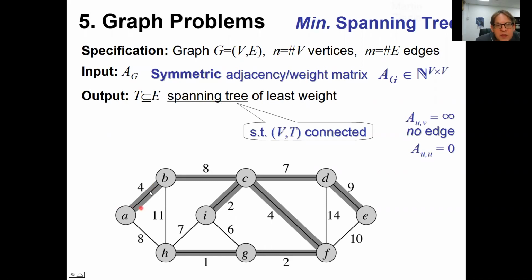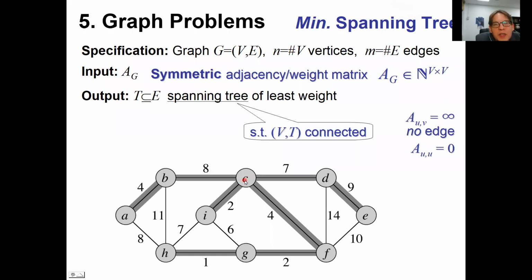The fat edges form a tree. The original graph is not at all a tree, but the fat edges form a tree because they connect all vertices. Every vertex is reachable via fat edges only. And there's no cycle. As usual, for any minimal connected spanning subgraph, you don't see any cycle among the fat edges.